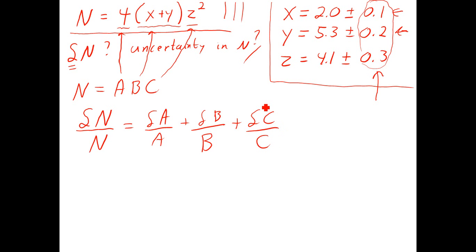Again, that squiggle is actually the Greek symbol for delta, and I'm using it for the uncertainty in n. But you notice you just got to add them along. If this was A times B times C times D, I would just add on another plus uncertainty in D divided by D.